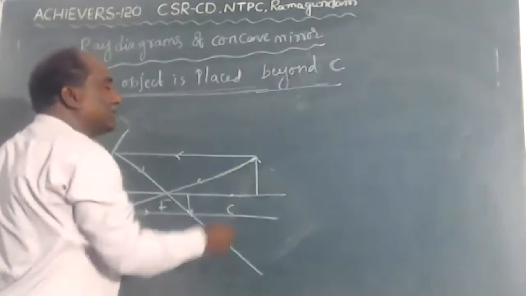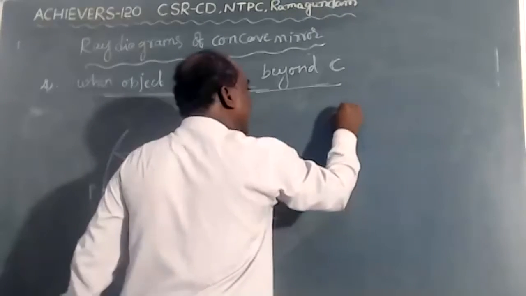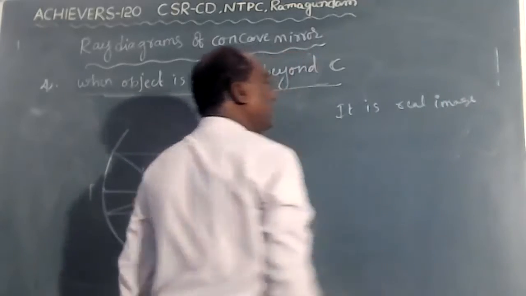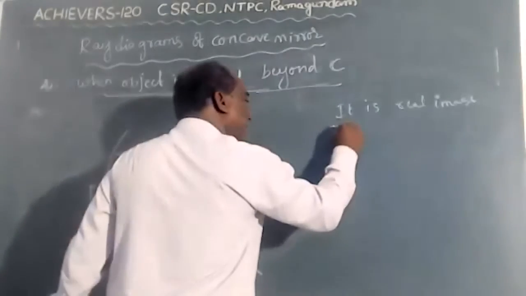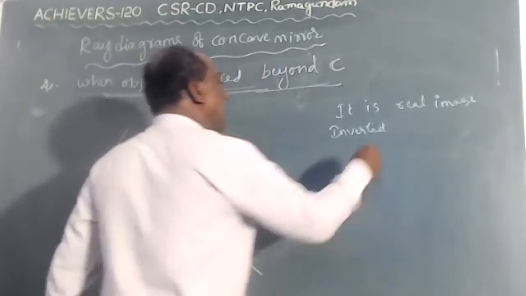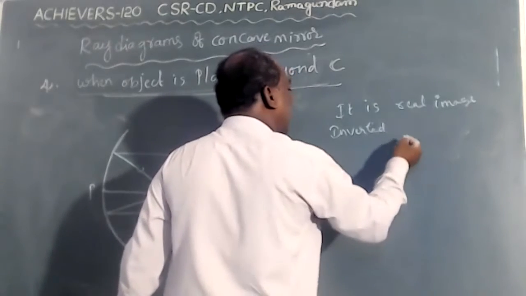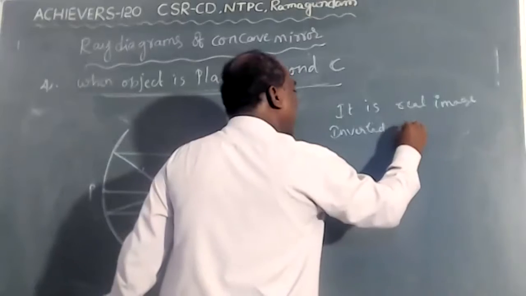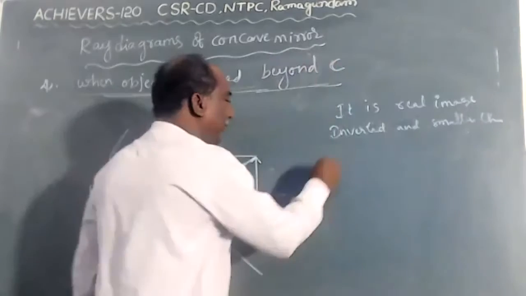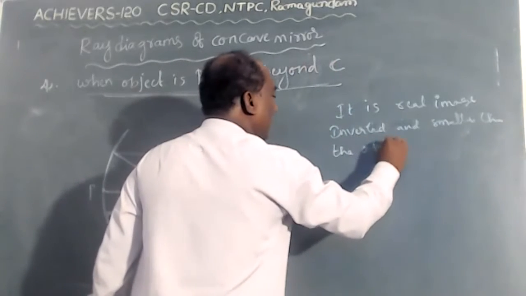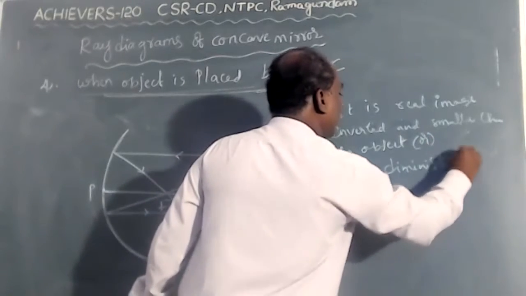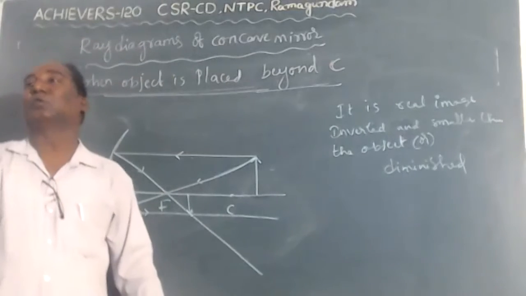When the object is placed beyond C, it forms a real image, inverted, and diminished or smaller than the object. Diminished is nothing but small.